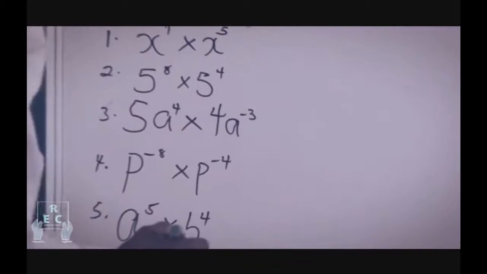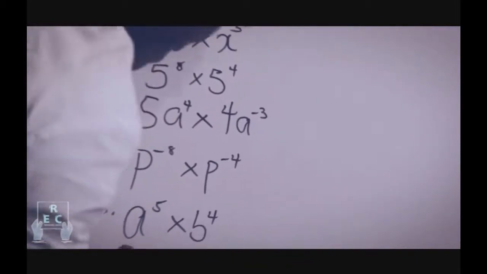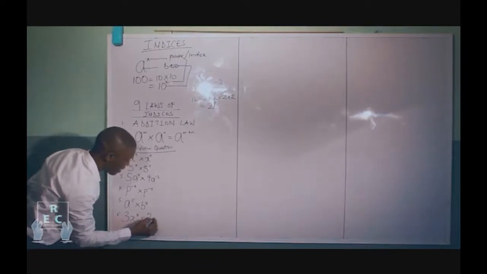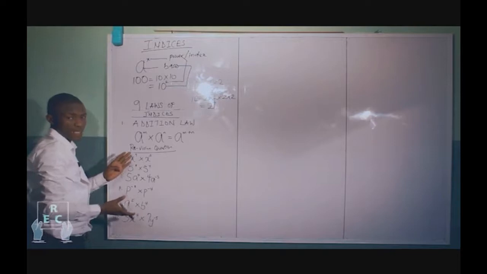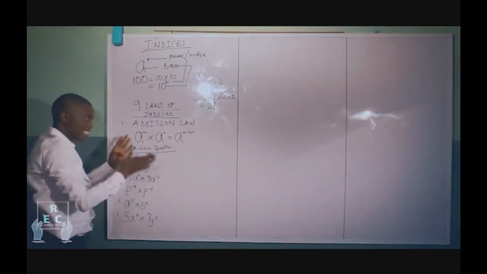Then the last one is 3x raised to the power of 4 multiplied by 7y raised to the power of 5. These examples cover different aspects where you can get to know this law very well.